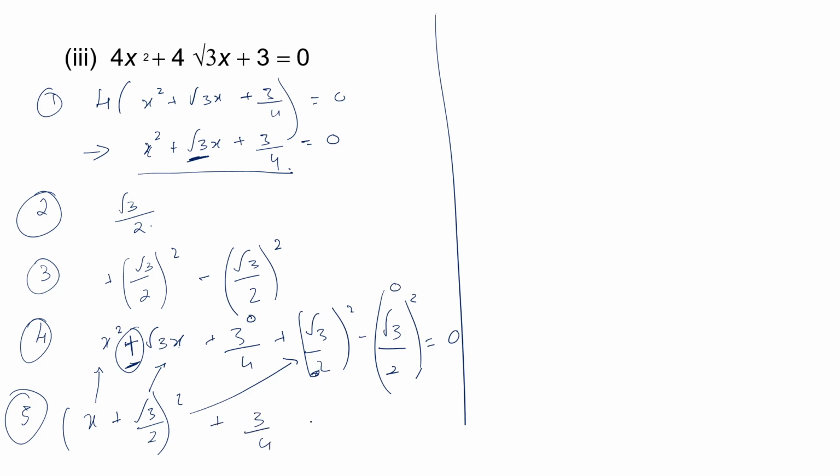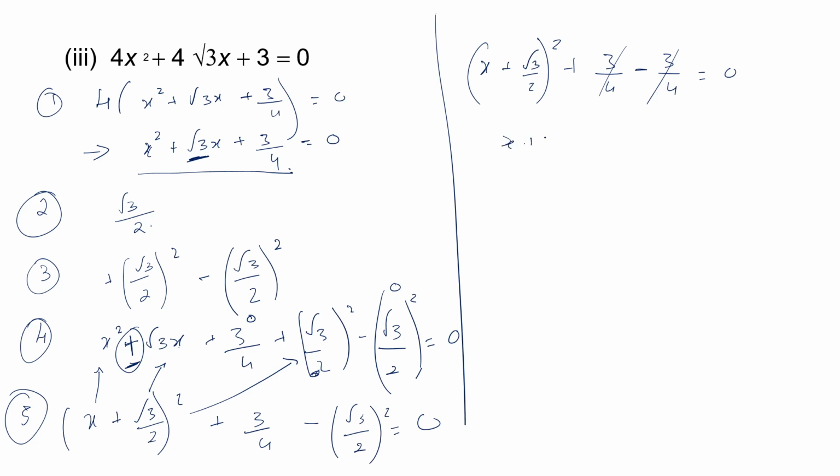So 3 by 4 minus 3 by 2 whole square equal to 0. So x plus root 3 by 2 whole square is 3 by 4 minus 3 by 4. This is getting cancelled here. So the value is x plus root 3 by 2 whole square equal to 0.